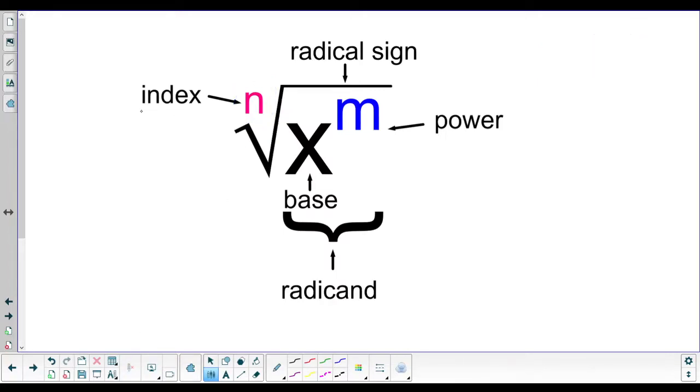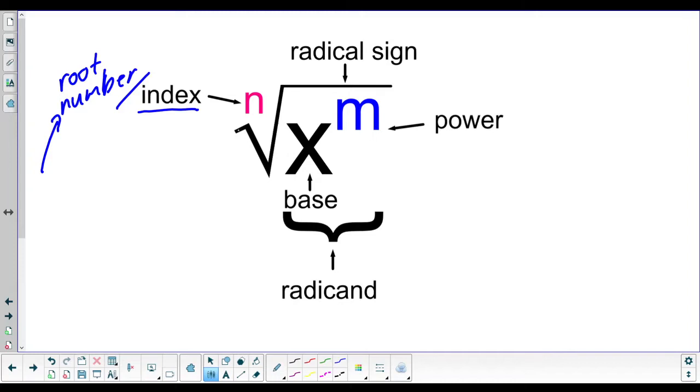That number is called the index. I will sometimes call this the root number. I think the index is the more technical word for it, but you're gonna have to forgive me. I've gotta say words that mean stuff to you, but it's called the index.